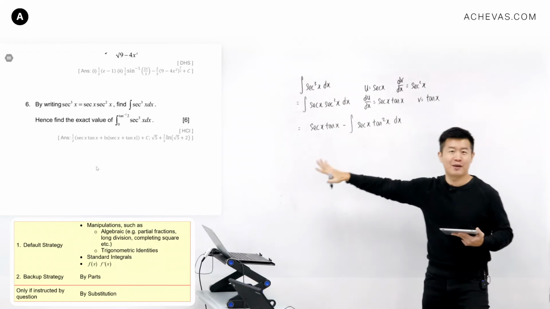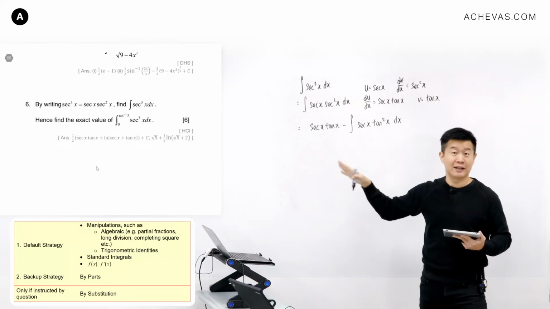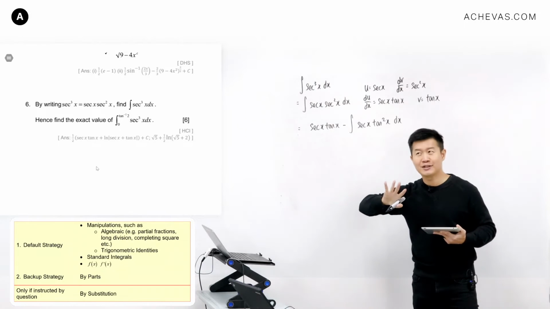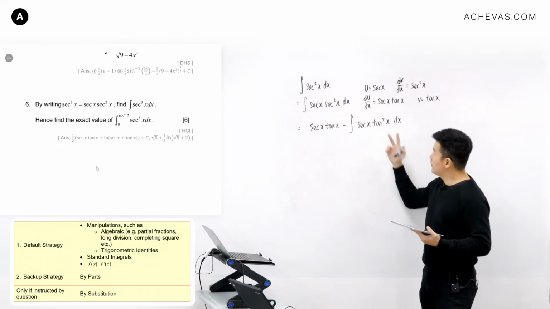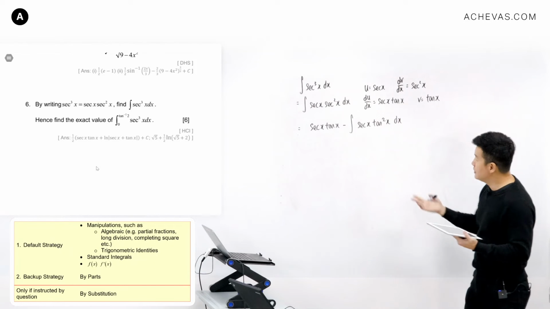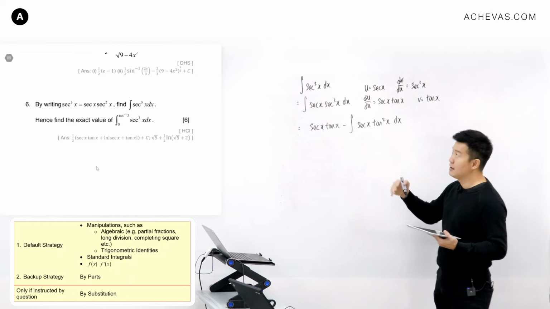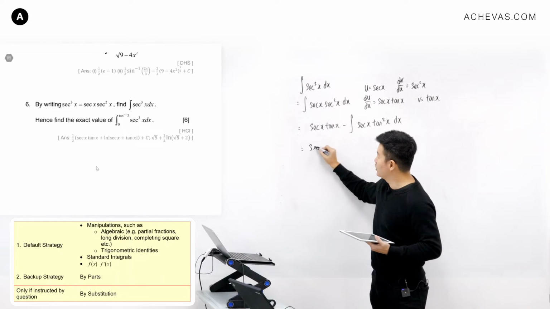So I'm going to use the same set of strategies again, which is to try to use a trigonometric identity some more. And in case all fail, then maybe I'm going to try another round of integration by parts. So if I were to do another round of trigonometric identity, I'm going to try to replace this by secant square x minus 1. So let's try and see what we are going to get.